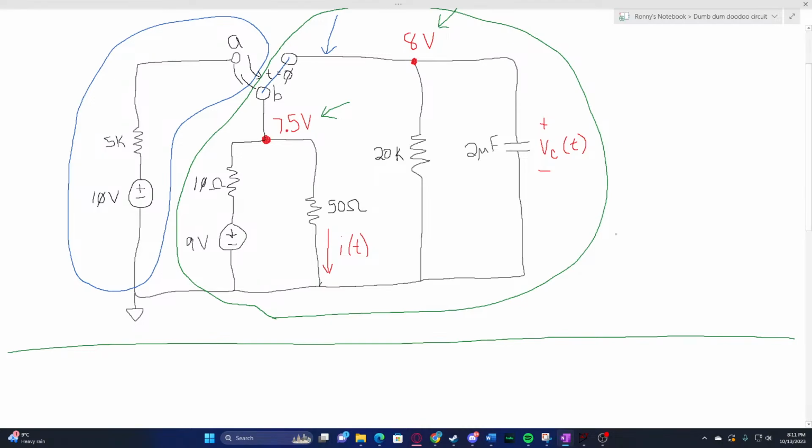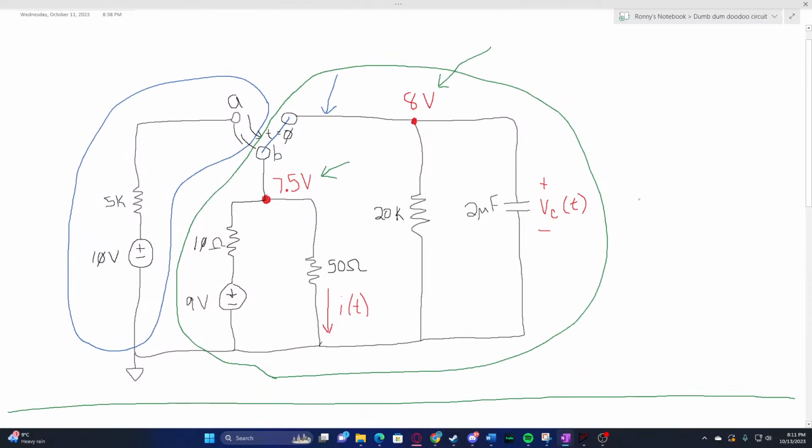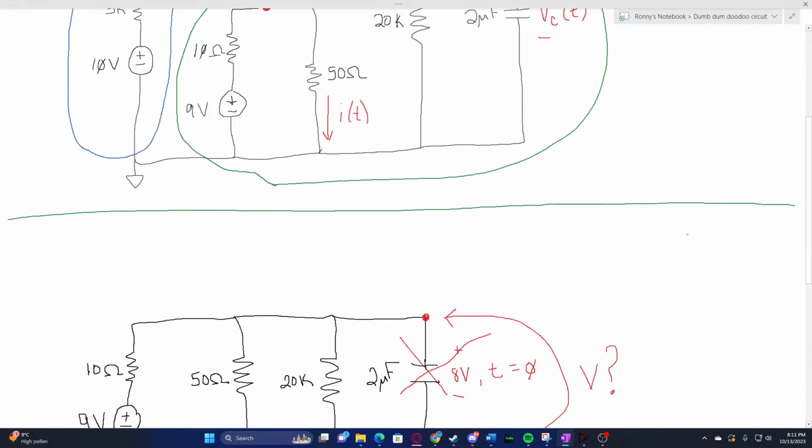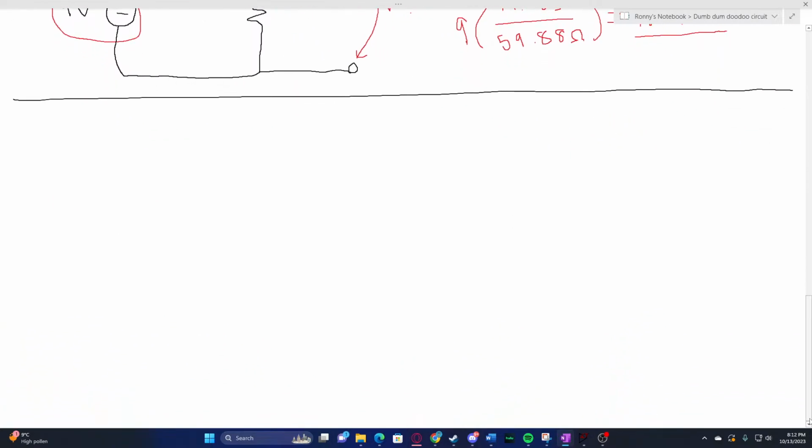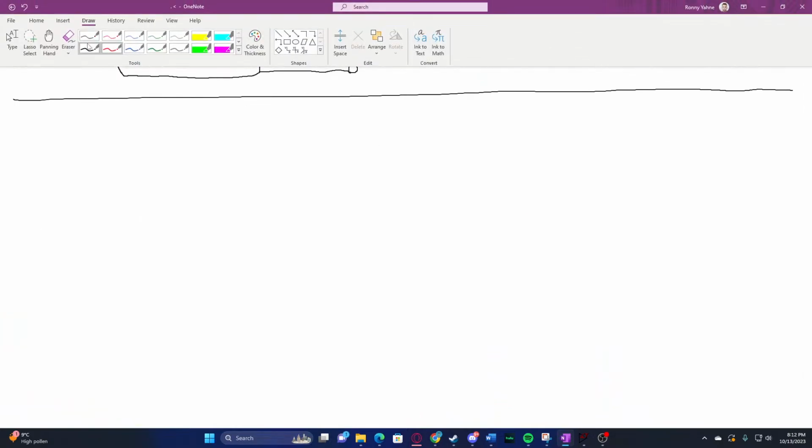I'd be thinking then that I've got to do another voltage divider, where I'm thinking, I'm going to explore that. So let's see.